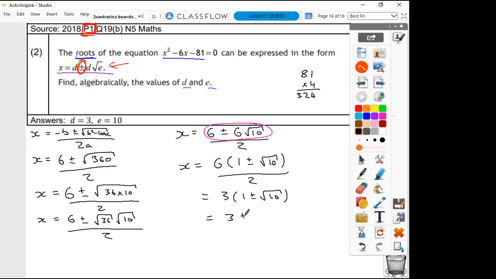And then breaking that bracket back up gives me that, and it's in the same format as what we got asked in the question.